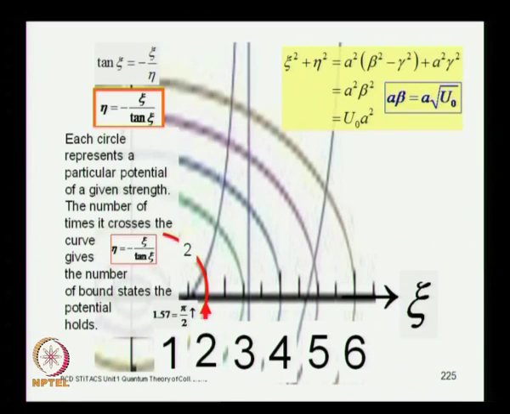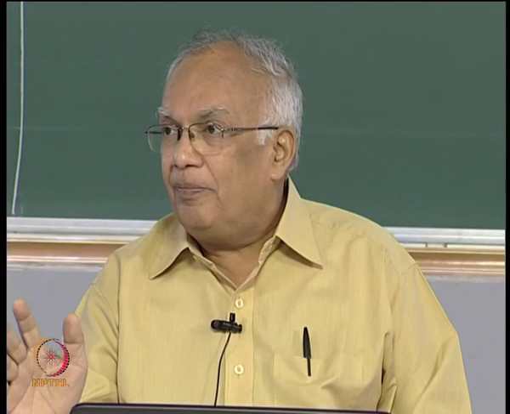Okay. So, now if you take the circle with radius 2, this has got a value which is greater than pi by 2, pi by 2 is 1.57. So, this is more than pi by 2, and for this you will have one crossing, and that is the solution you get, right. What happens if xi is equal to 3? If the radius is equal to 3, you have increased the strength of the potential either through u0 or through a, it does not matter which.